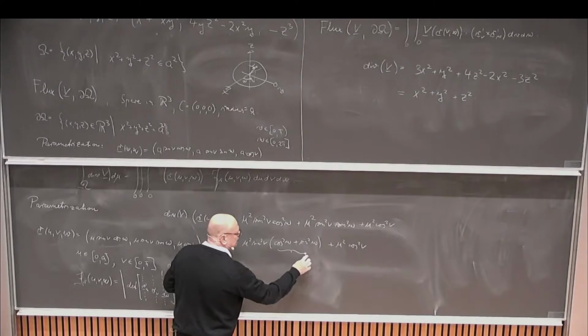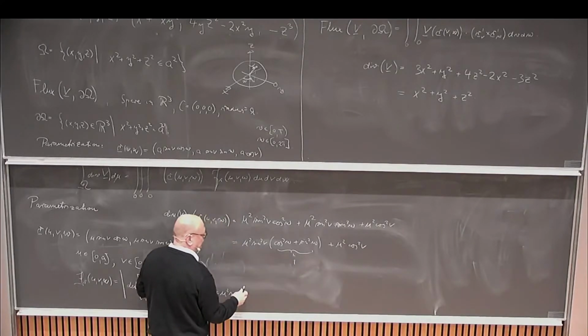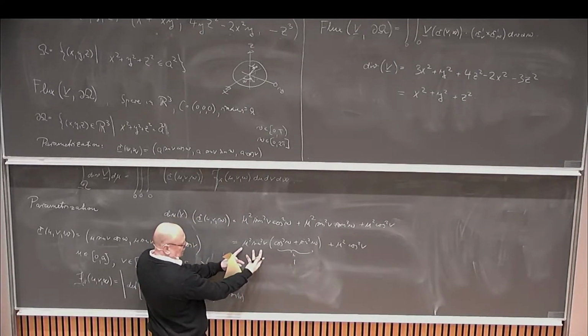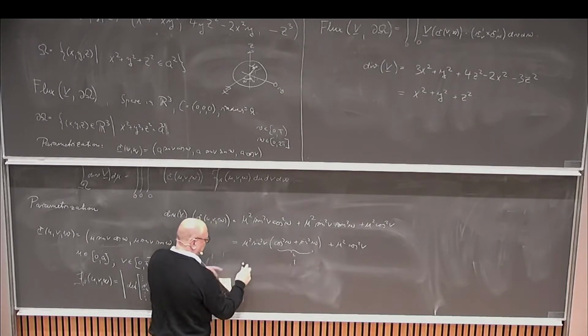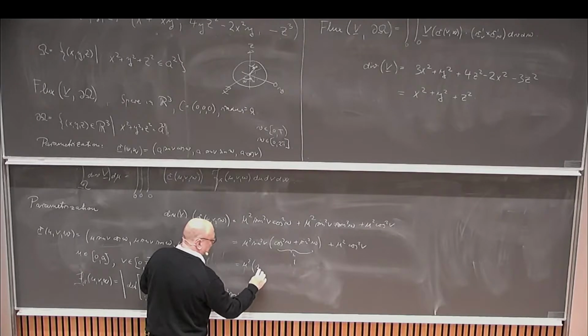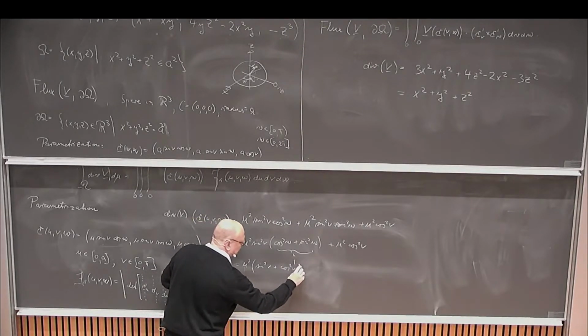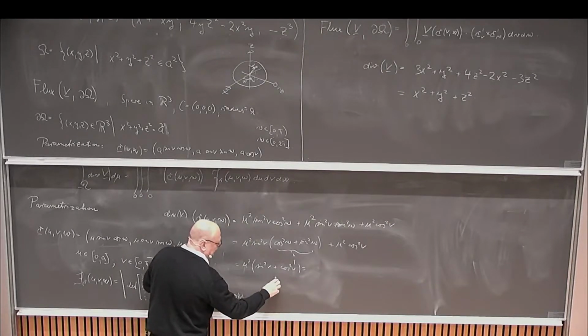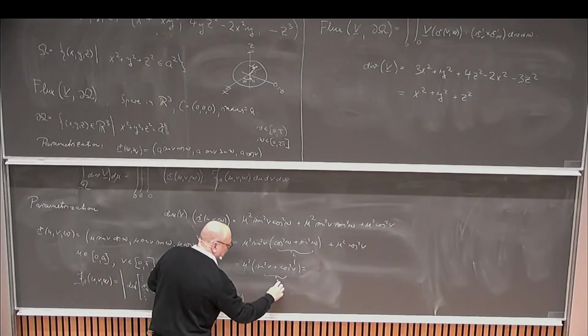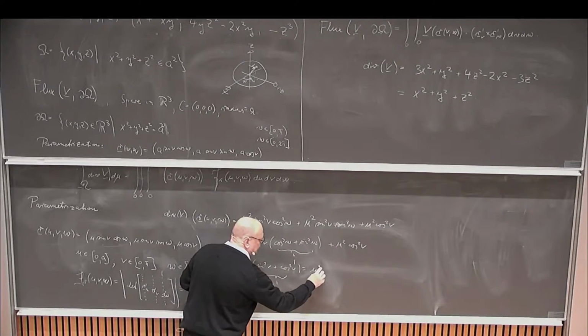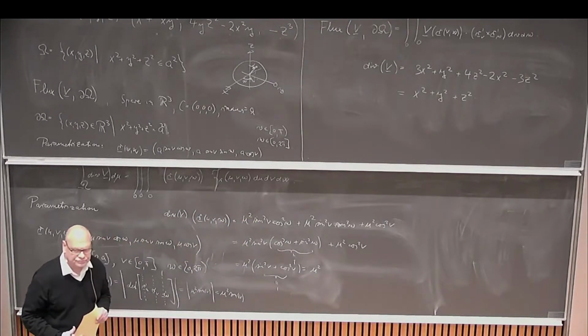Now this is equal to 1, and you are left with these two terms, and you can put u squared outside, and you get sine squared v plus cosine squared v. And again, this is equal to 1, so the result is u squared.